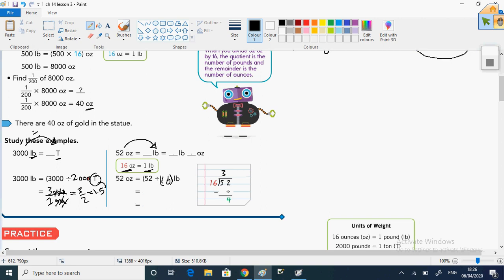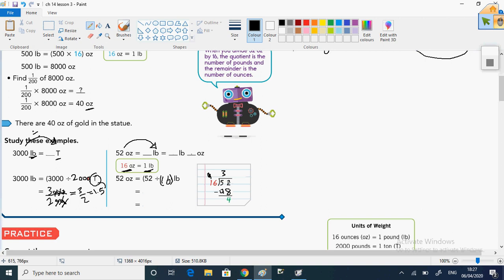It's a 3. 3 times 6 is 18, 3 times 1 is 3 plus 1 is 4, so 48.